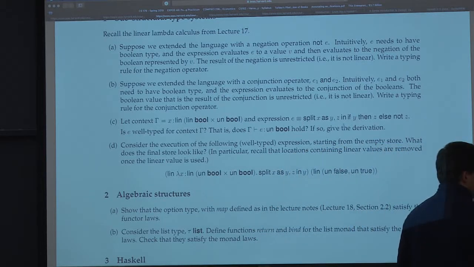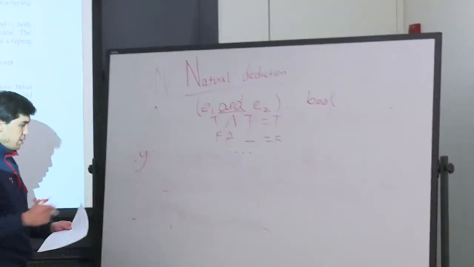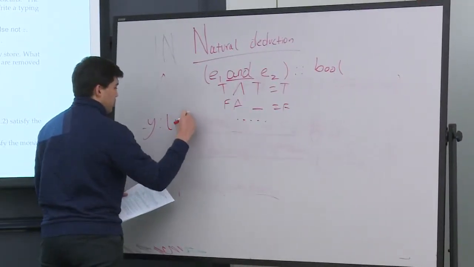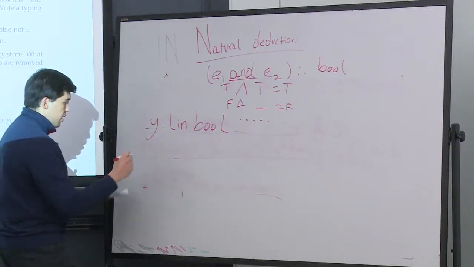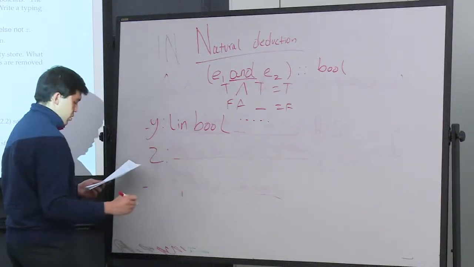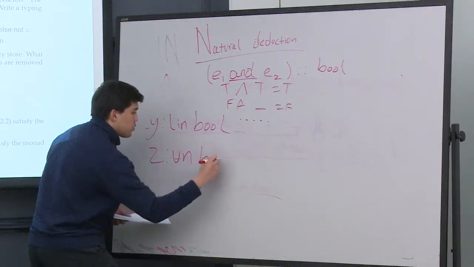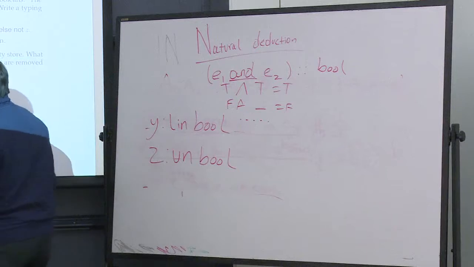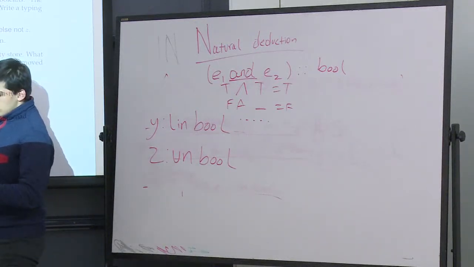Y will have the type linear bool. And Z will have the type unrestricted bool.